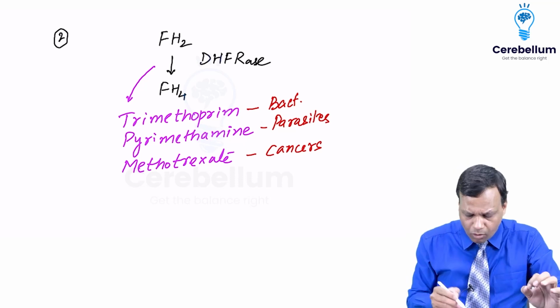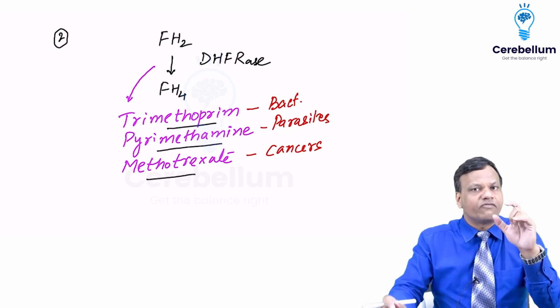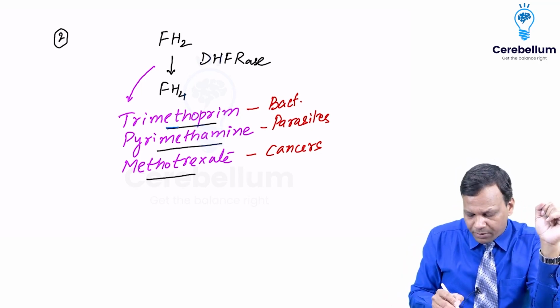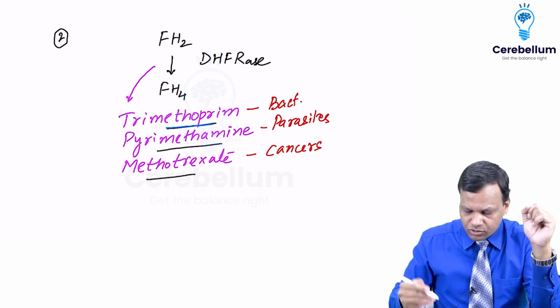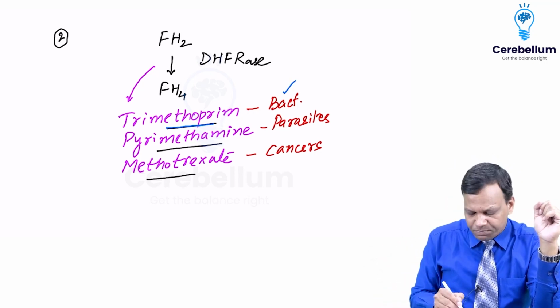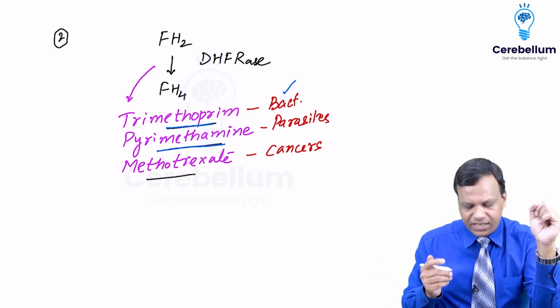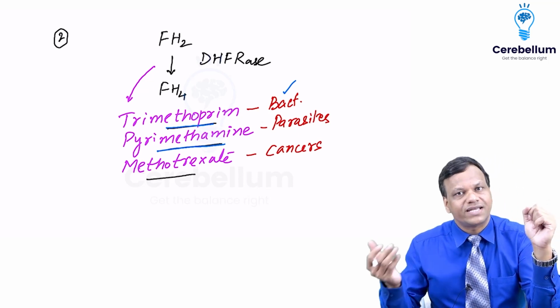The reason is, although they inhibit the same enzyme, they have different affinity in different species. Trimethoprim inhibits the dihydrofolic acid reductase mainly in bacteria, so it is used as antibacterial. Whereas pyrimethamine mainly inhibits in parasites, so it is antiparasitic. Whereas methotrexate mainly inhibits in humans, so it is used as anti-cancer.